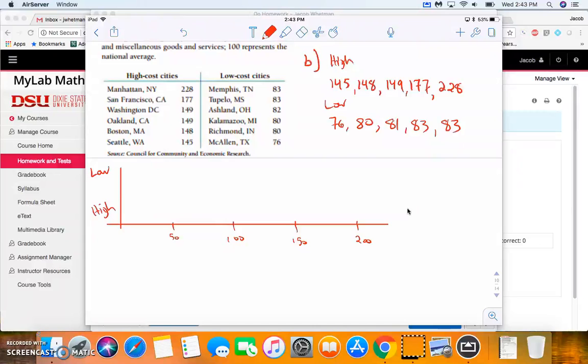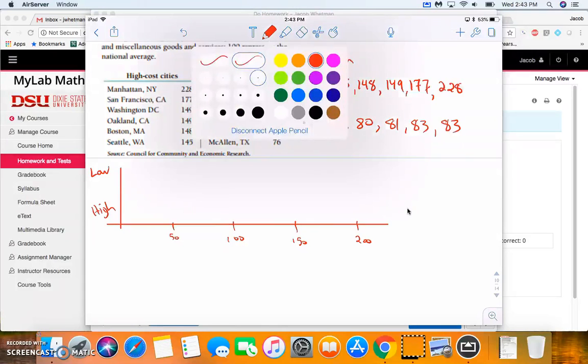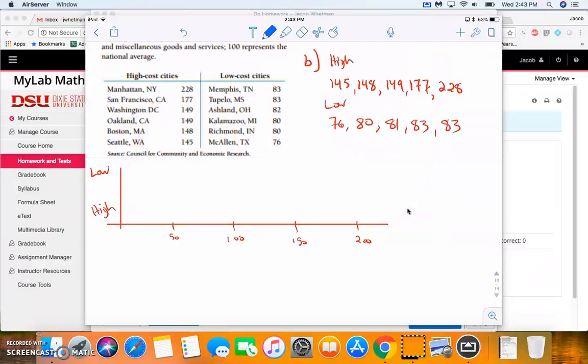Now on the low, this one's going to be a little bit hard to do because it's so tight. So our box goes from 83 to 80, and so that's going to be pretty tough to give us a good representation, but we're going to call that 83 to 80.